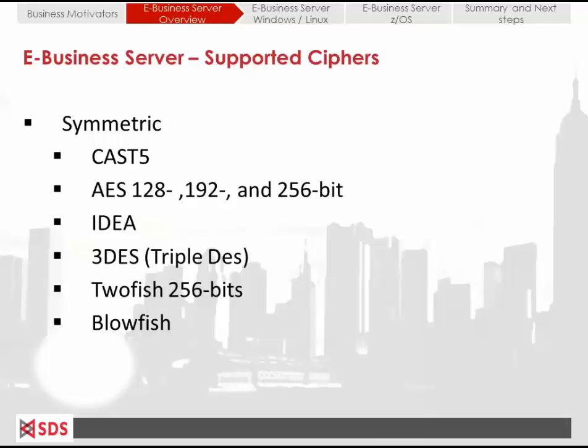These are some of the ciphers supported on E-Business Server. You can specify which symmetric cipher E-Business Server should use to encrypt the session key. There are a number of different ones: IDEA, Triple DES, CAST, AES.